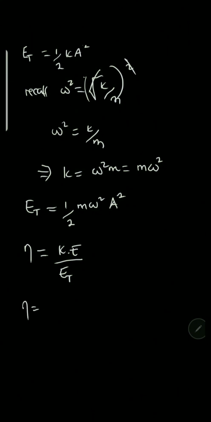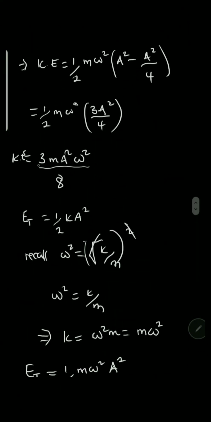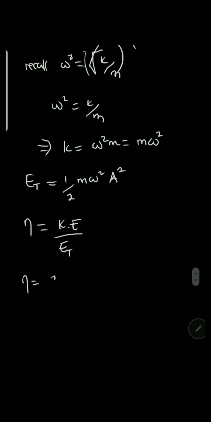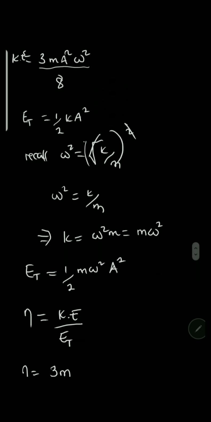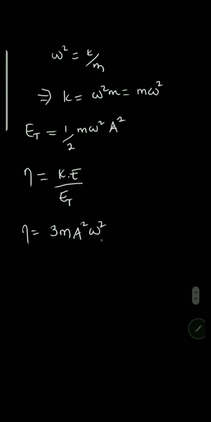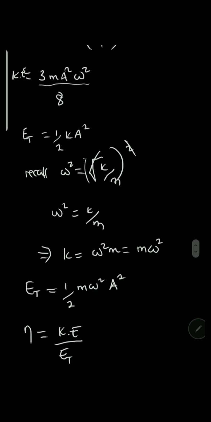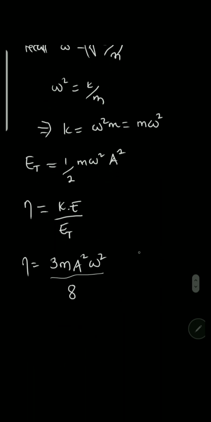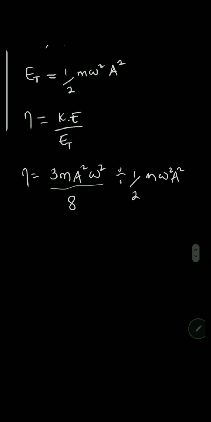The kinetic energy is 3 mass amplitude squared angular frequency squared divided by 8, then divided by total energy, which is half mass angular frequency squared amplitude squared.